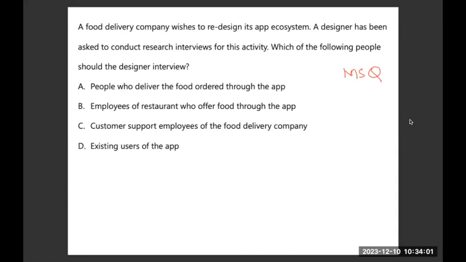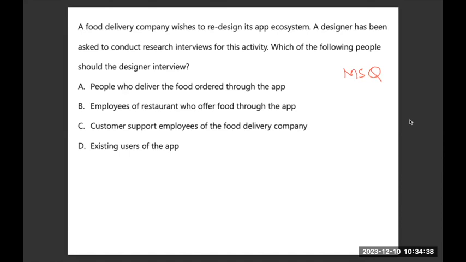Anvi, partially correct answer. Diya, Naishi, partially correct answer.